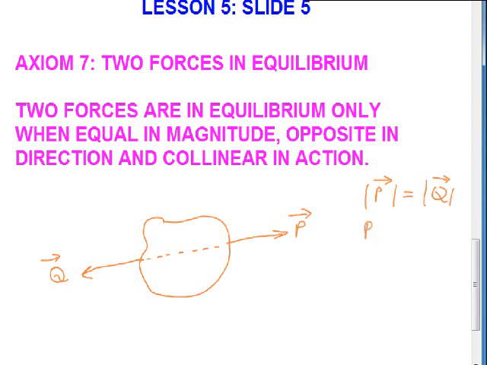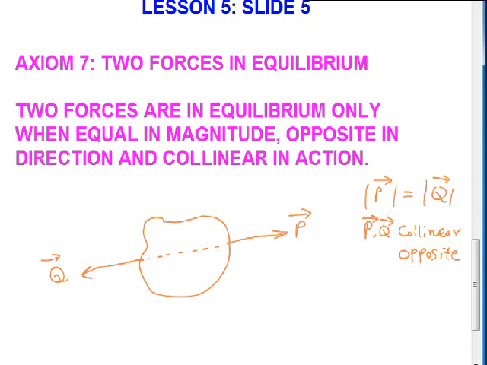Then P bar and Q bar should be collinear, and they must be acting in opposite directions. If these three conditions are satisfied, the effect of P bar is completely nullified by the effect of Q bar, or vice versa. If Q bar is the force we want to cancel, P bar is the force.